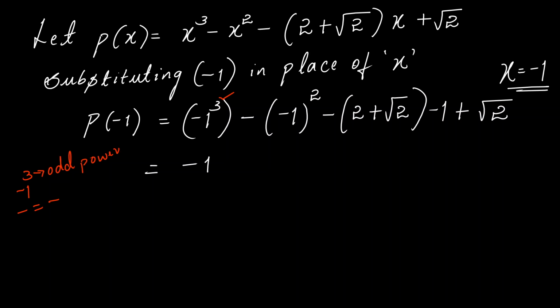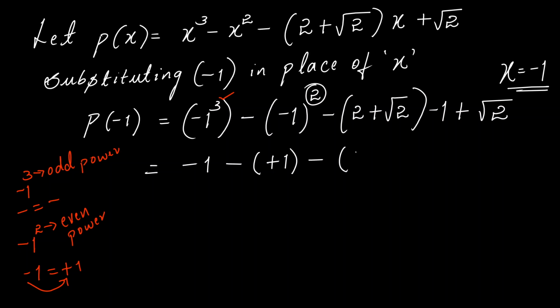In the next term, we have minus 1 square. So 2 is an even power. So whenever we have even power, the minus sign will change to plus sign. So I am writing here plus 1. And write this expression as it is. Minus open bracket 2 plus root of 2 close bracket then multiplied by minus 1 plus root of 2.